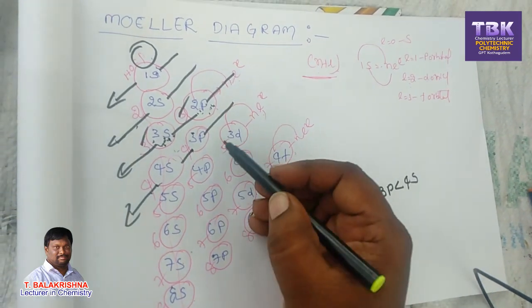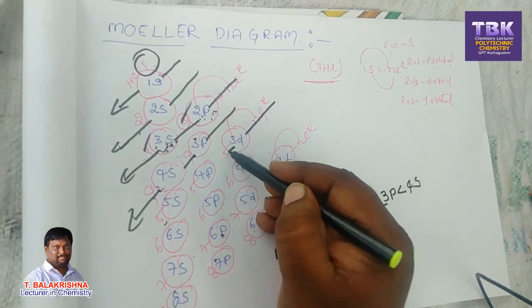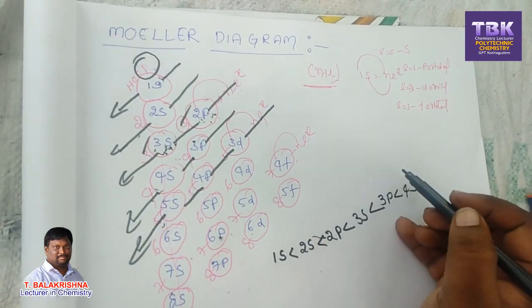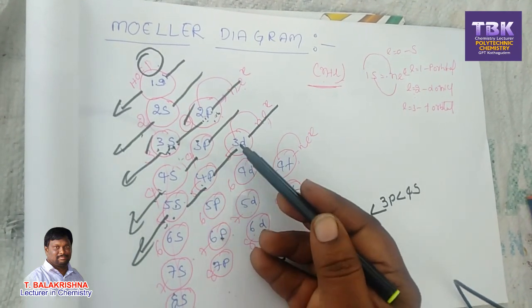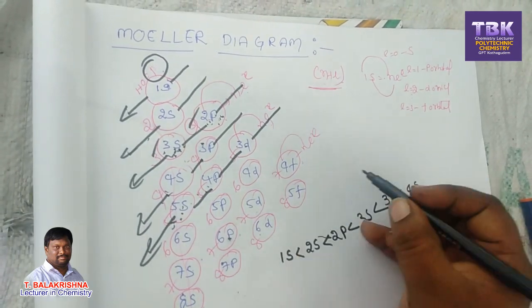Come to the next N plus L value, the order is 3d, 4p, 5s. These three orbitals have the same N plus L value, 5 and 5 and 5. Which one is the lowest energy orbital?